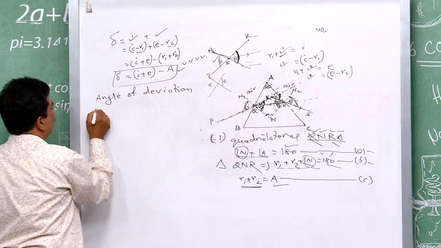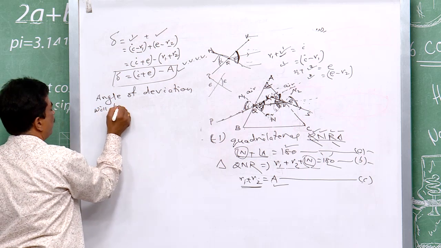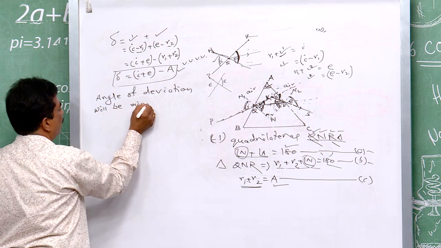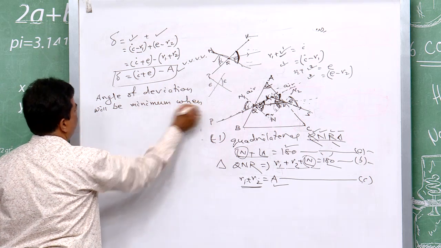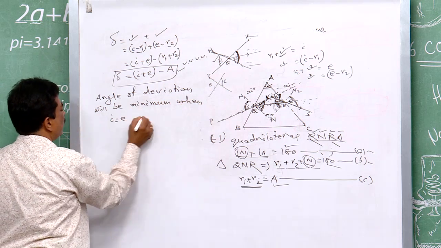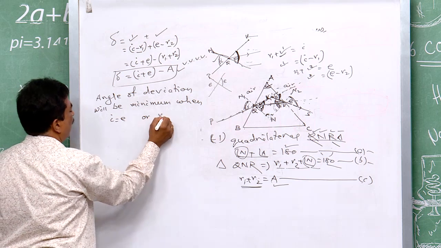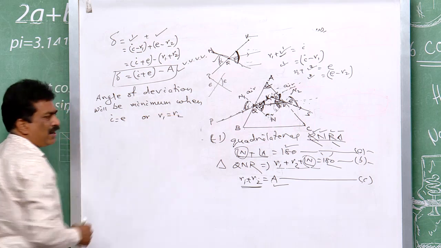So, this angle of deviation will be minimum when I is equal to E, or R1 is equal to R2.